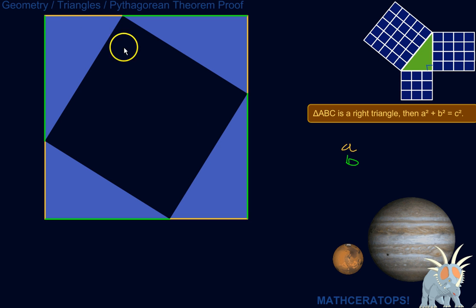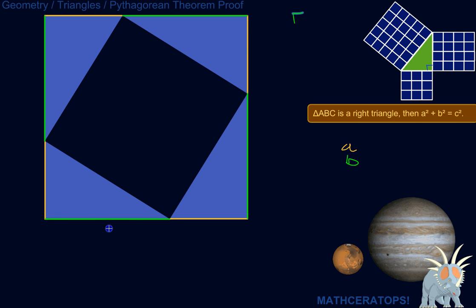All right, so let's see here. What we can do is write the area of the square in 2 different ways. The area of a square is just its side squared, right? So what is the actual side length of the big square?